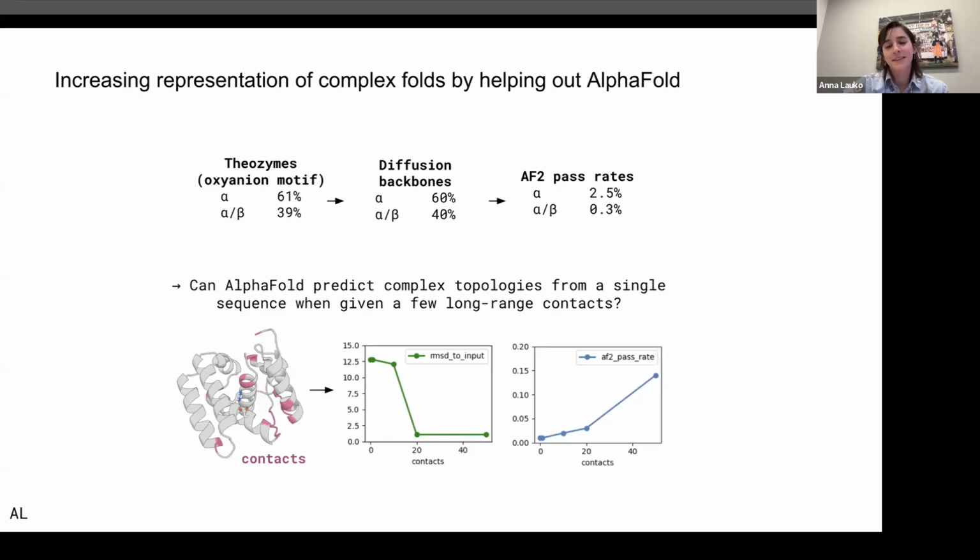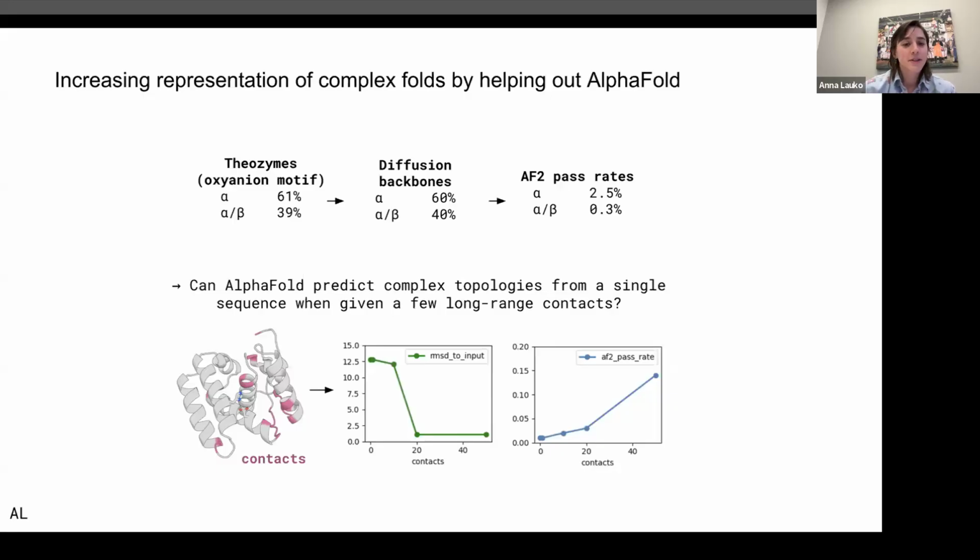But then when we would run these through AlphaFold, we would lose basically everything that had beta character, and we would end up with a lot of all alpha designs. When we would run ChemNet, we would also lose a lot of designs that were deemed not pre-organized by ChemNet. So in the end, we would test very few beta-containing proteins, and this was a little bit aggravating because all serine hydrolases in nature, at least that I know of, have at least some beta strands.